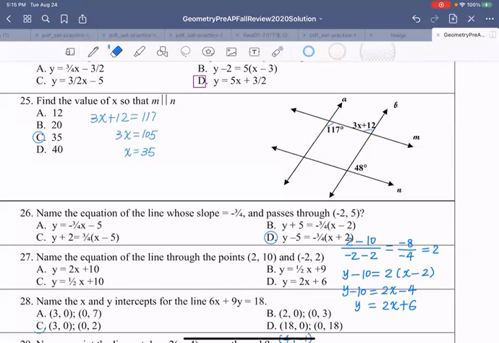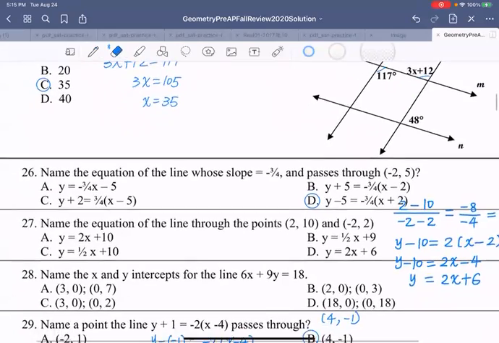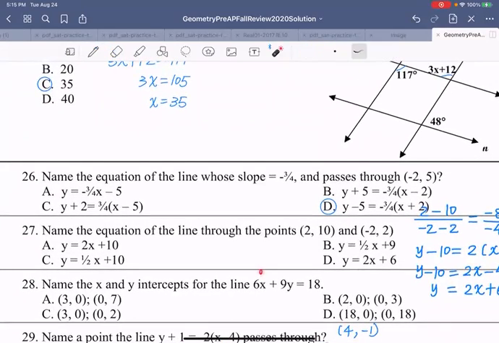Now, Angela, look at 28. The given equation is this. How do we find the x-intercept and y-intercept? Go ahead, please. For the x-intercept, you will make y equals 0, okay? What's the definition of x-intercept?